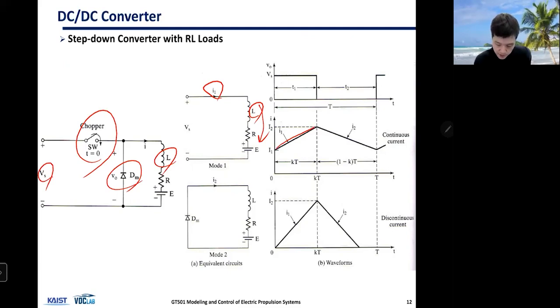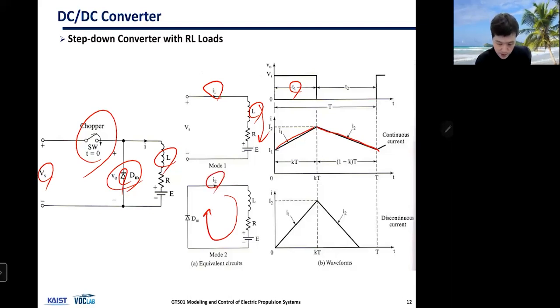And then when the current reaches some value, or for a given time period T1, you switch off the switch, and then the current will start to decrease, and you can still have the current flow because you have this diode, and your current can continue to flow with I2.